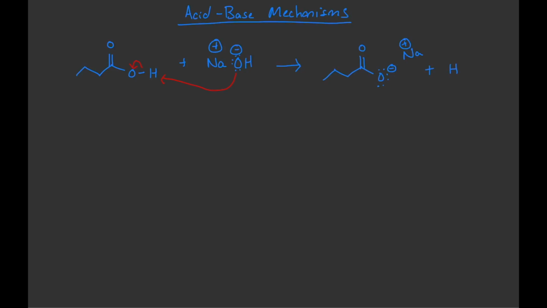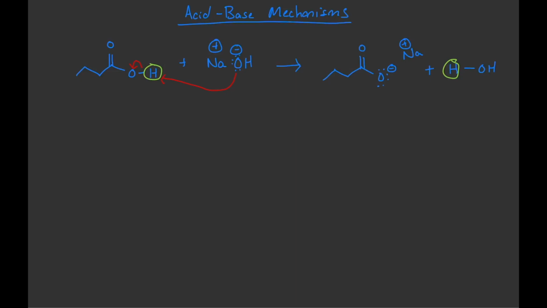So I'll draw it this way so we can see where it came from. And we get this H is now this H on the H2O. So we get the formation of water. And in a lot of acid-base chemistry, you do get the production of water. However, it's a little more rare when looking at organic compounds, but it still can occur.